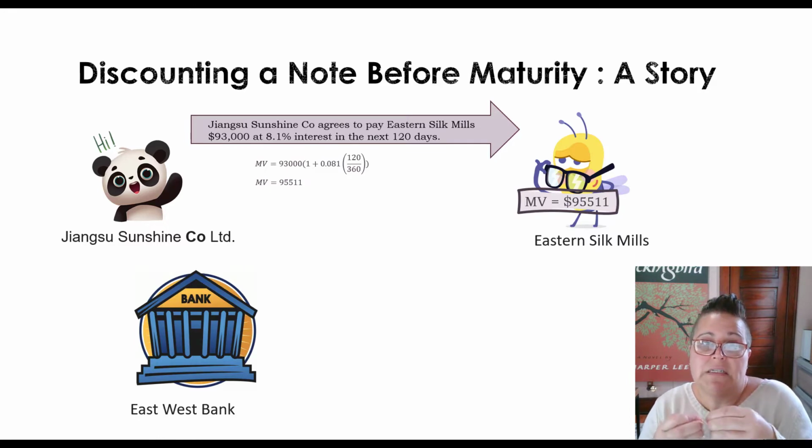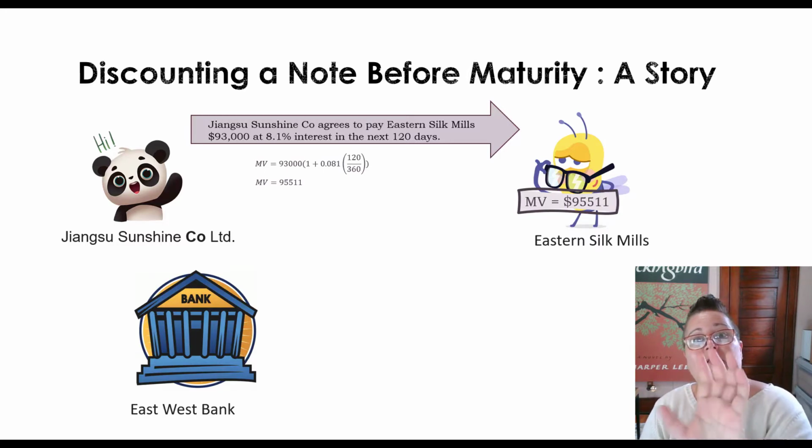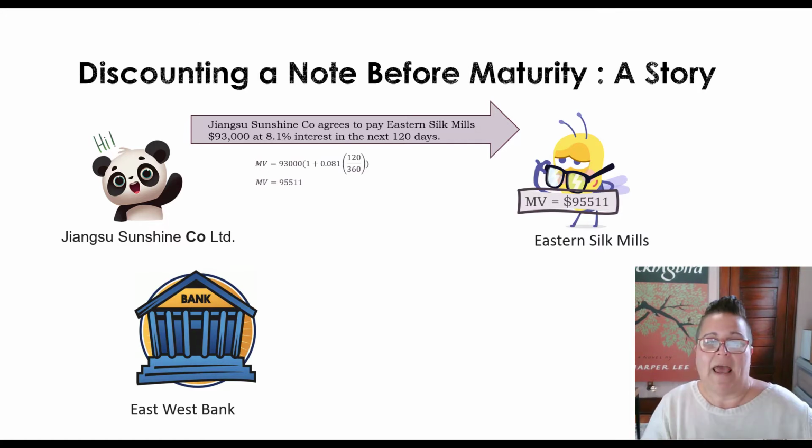So Eastern Silk Mills sees that money, $95,511, that they loaned out, not as a deficit, not as a bad thing, but as a good thing, because it means there's still money coming to their business, right? So, to recap, in 120 days, Eastern Silk Mills will get $95,511 from Jiangsu Sunshine Company.